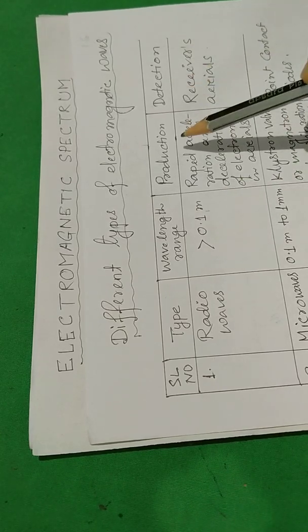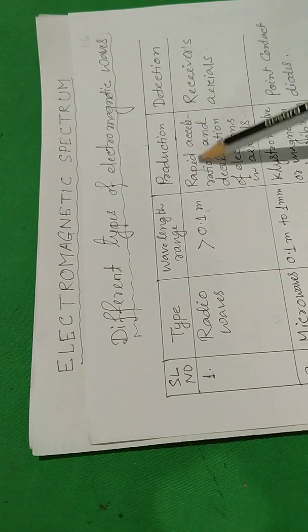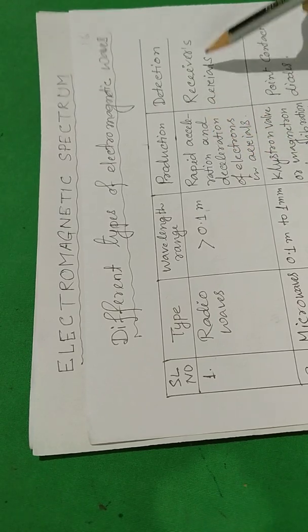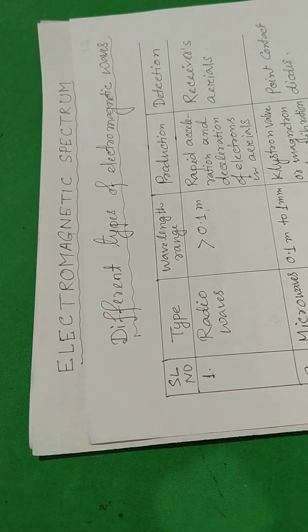Production: they are produced by rapid acceleration and deceleration of electrons in aerials, and they are detected in receivers' aerials. Now, uses of radio waves. Radio waves are used in radio and television communication systems.